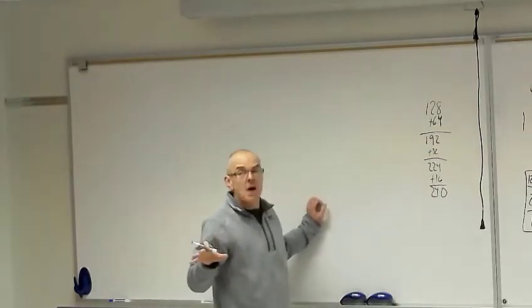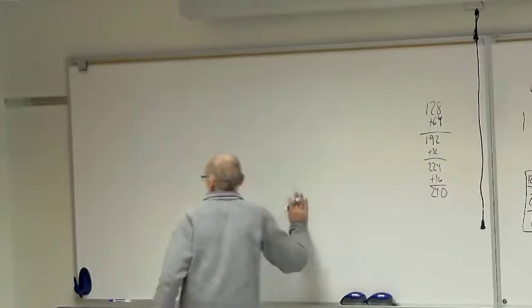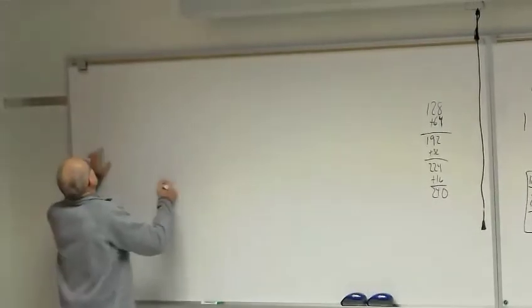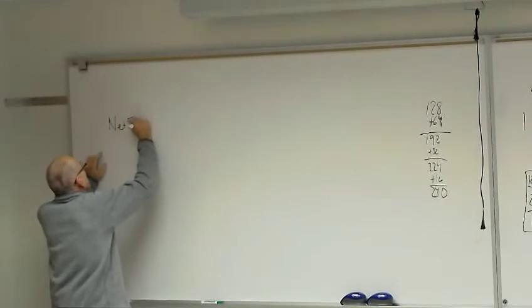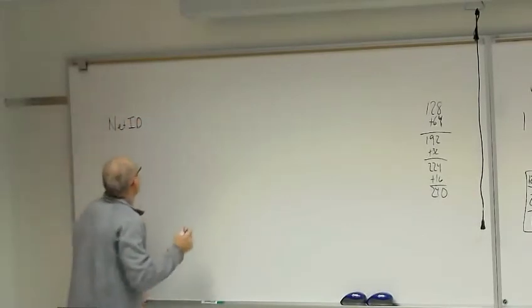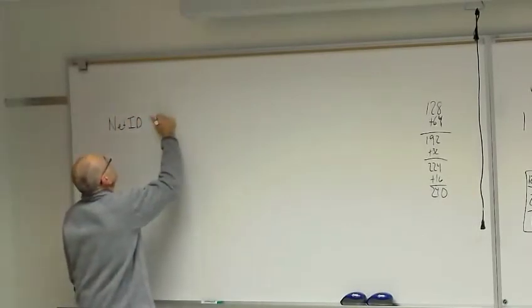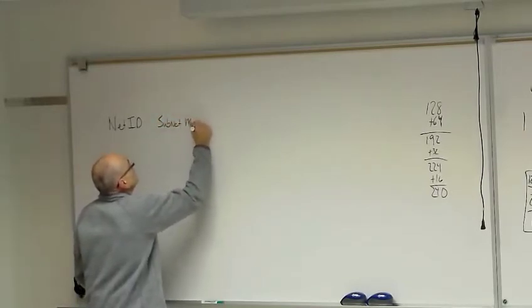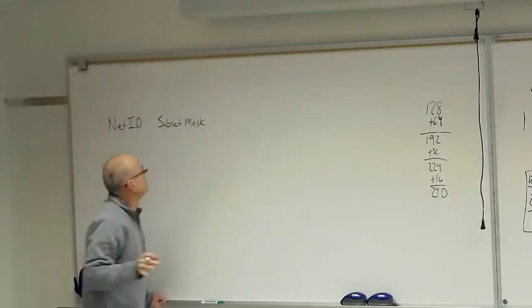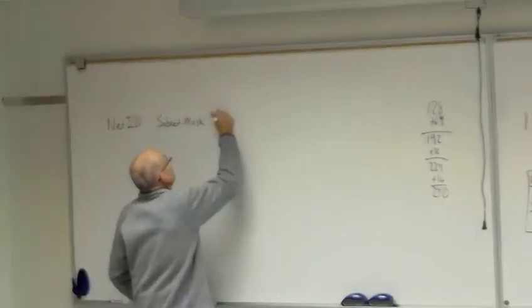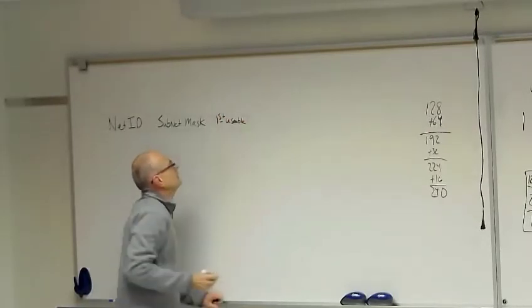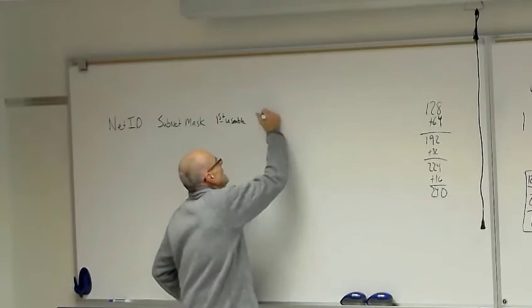Let's get a new piece of paper out and a pencil, and let's do the following drawing. We're going to create another table here. We're going to say net ID, and we're going to say subnet mask, and then we're going to say first usable, and then last usable.